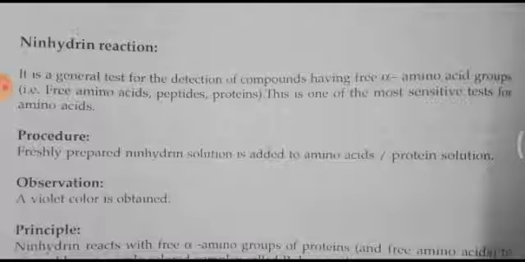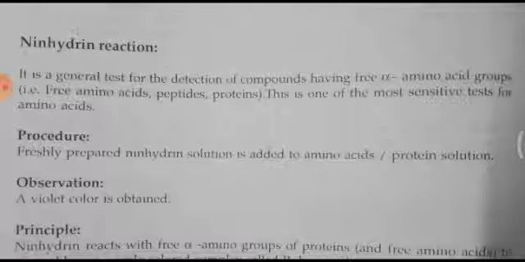Procedure: take a sample and add freshly prepared ninhydrin solution, and if the sample contains amino acids or protein or peptide, observation: you can see a violet color is obtained. The sample giving violet color indicates the presence of protein. If the violet color is not obtained, that means the given sample is not a protein.